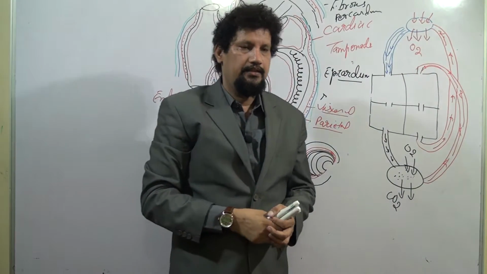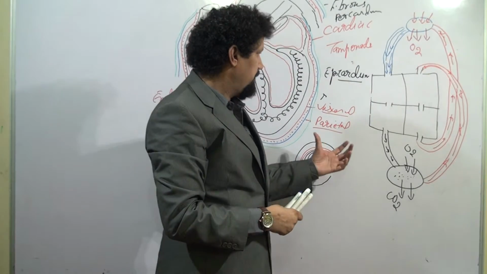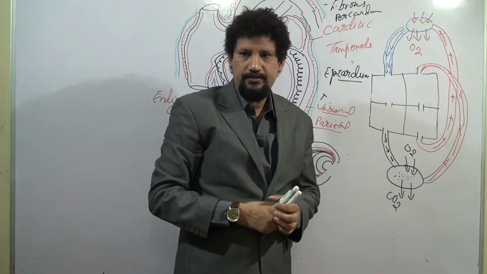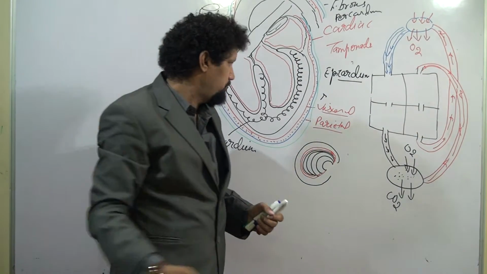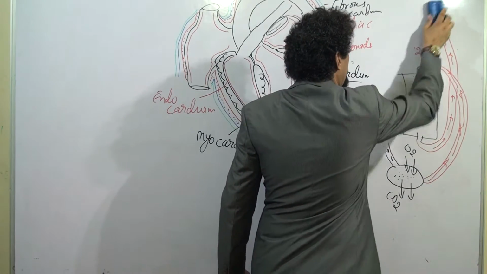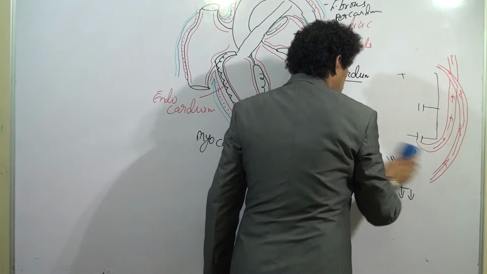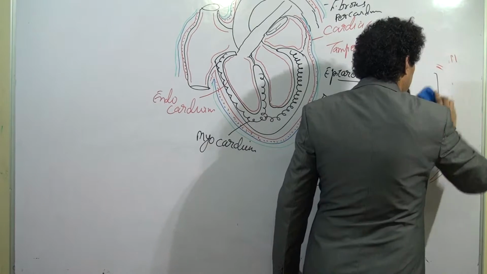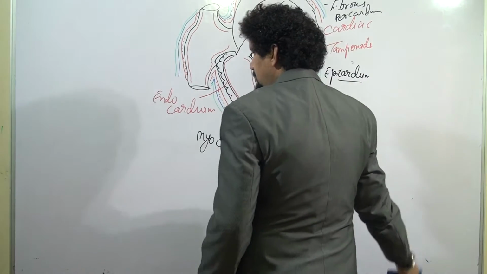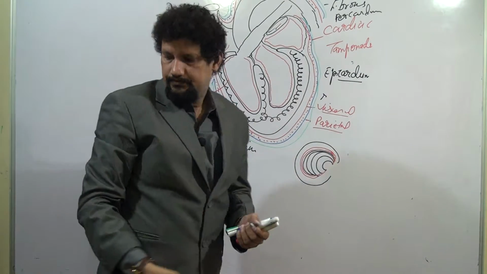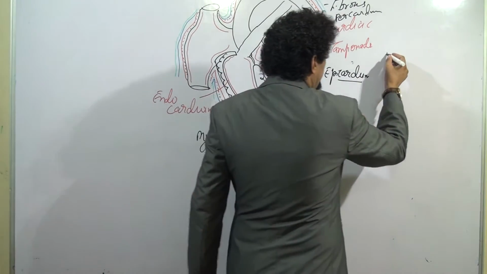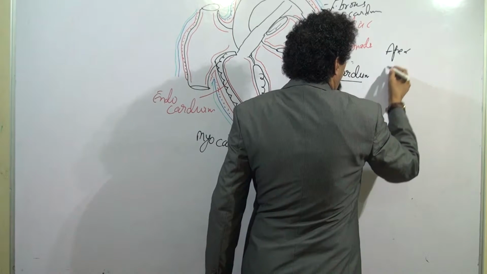The heart has an apex and a base and three surfaces and four borders. So the heart has an apex, and a base.